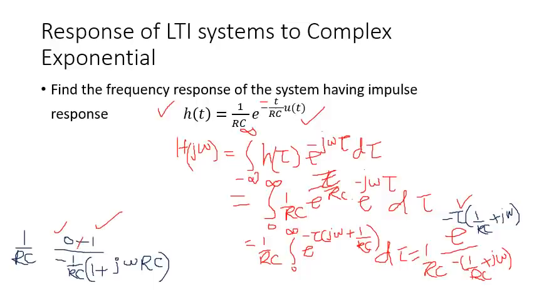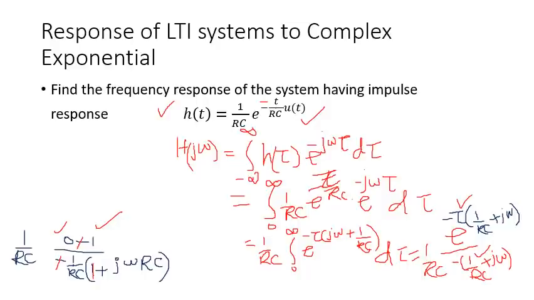So we can cancel this minus with this minus. Also, I've taken 1 by RC out from here, so I will be left with 1 plus j omega RC. If I move it in again, we'll have 1 by RC and 1 by RC, and the RC cancels, so we have j omega.